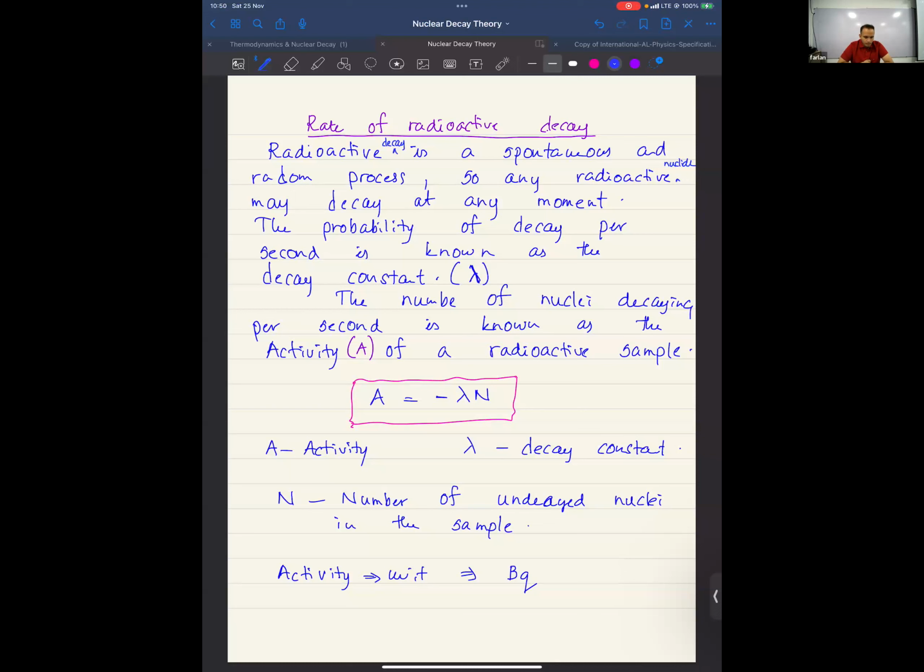Right below that, the number of nuclei decaying per second is known as the activity, within brackets A, of a radioactive sample.